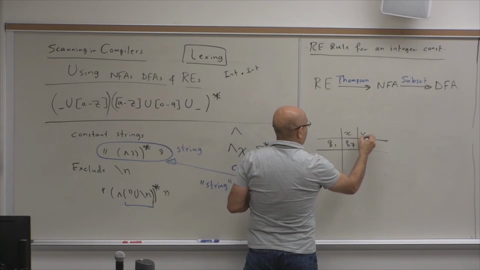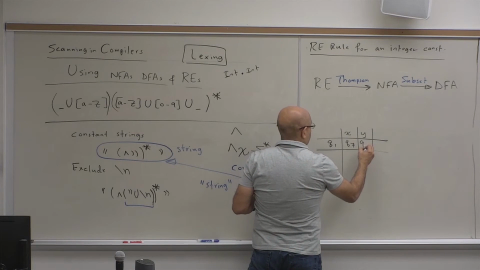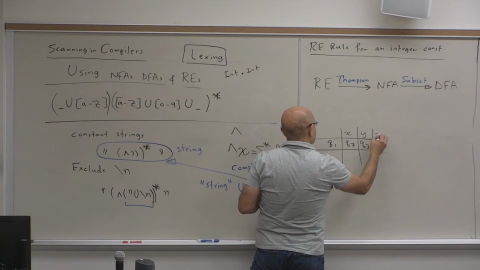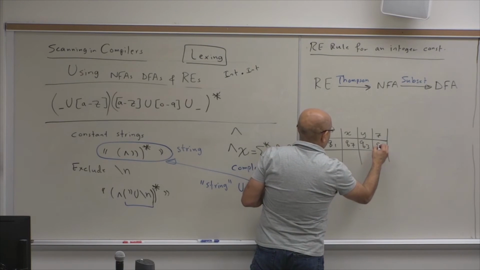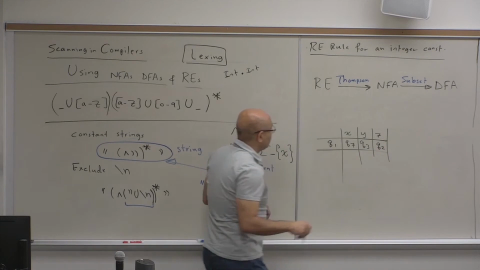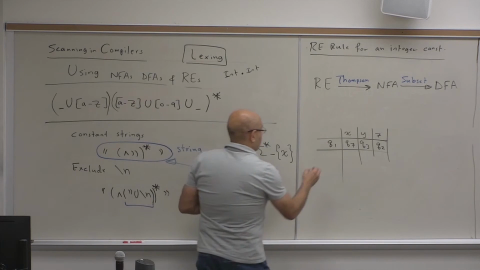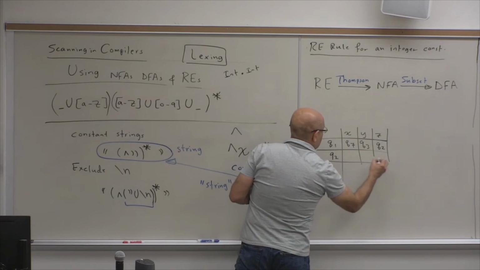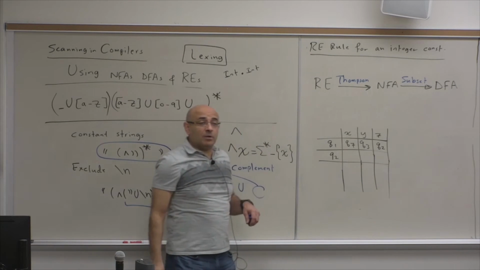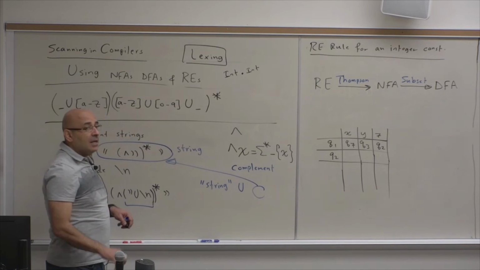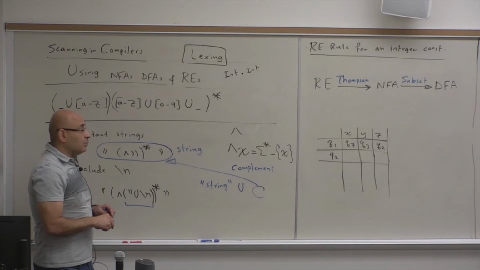And if you get Y, you go to state 3. And if you get Z, you go to state 2. So the DFA is easy to implement, even though the NFA is easier to understand.